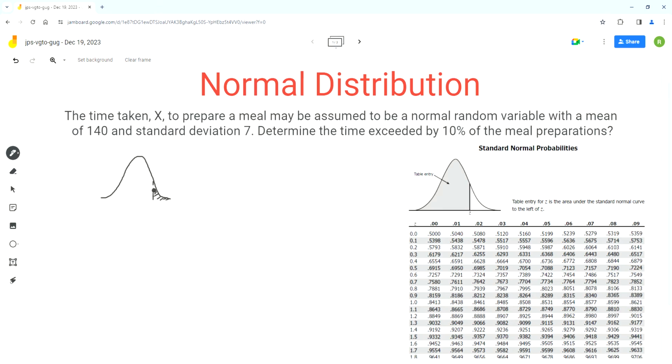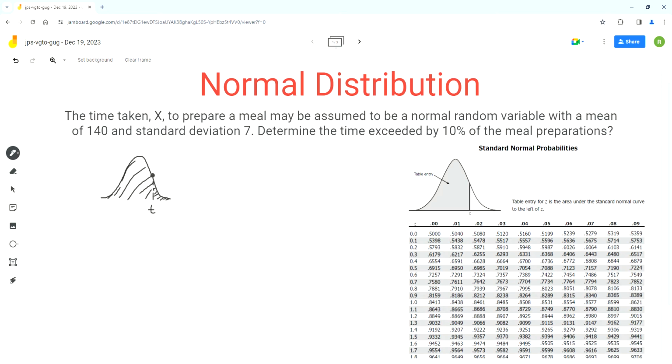This value here on the curve represents the time that is exceeded by 10% of the meal preparations, shown by this shaded area. So what this means is the time that is exceeded by 10% of the preparations is the time that exceeds 90% of the preparations on its left side.